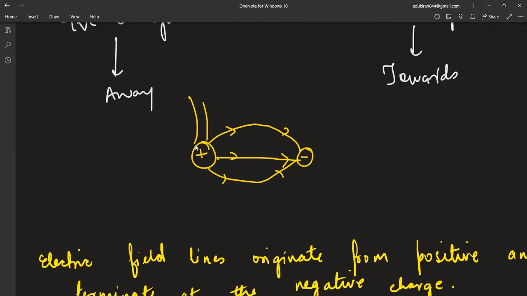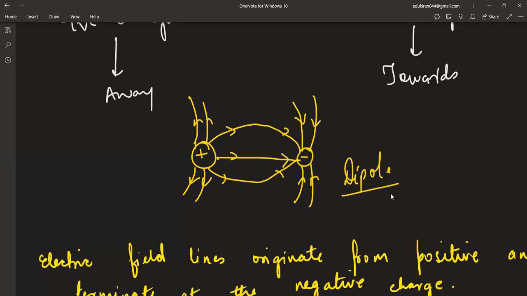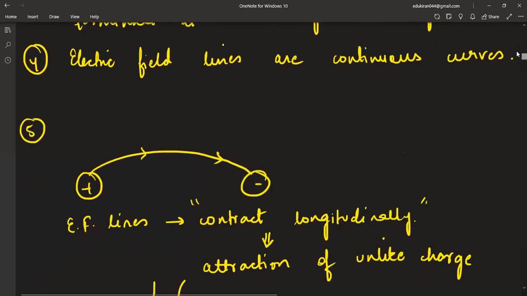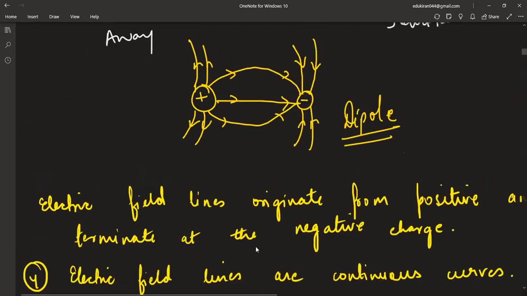All the field lines for the positive charge will be moving away, and all the field lines for the negative charge will be entering like this. This set of positive and negative charges is called a dipole. We have a separate section on dipole, where we'll study this. But right now, just make these diagrams. What is written is: electric field lines originate from the positive and terminate at the negative charge.